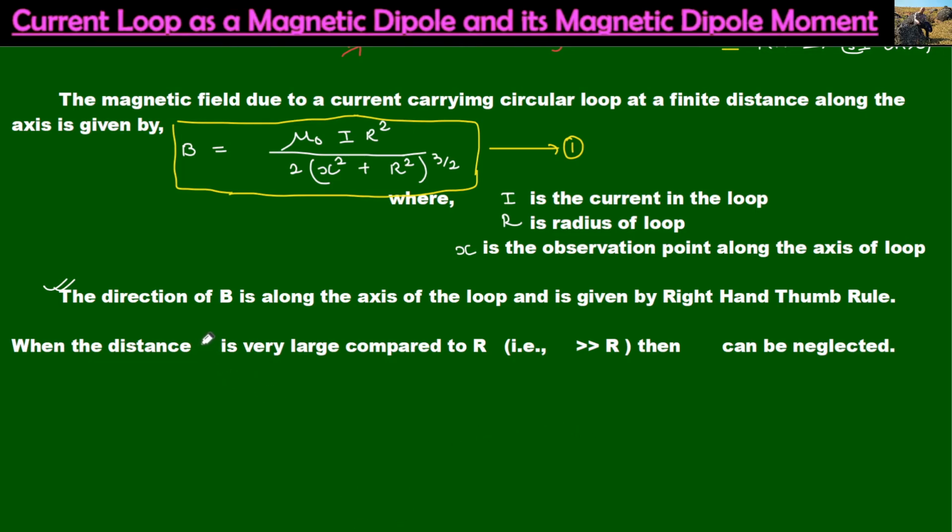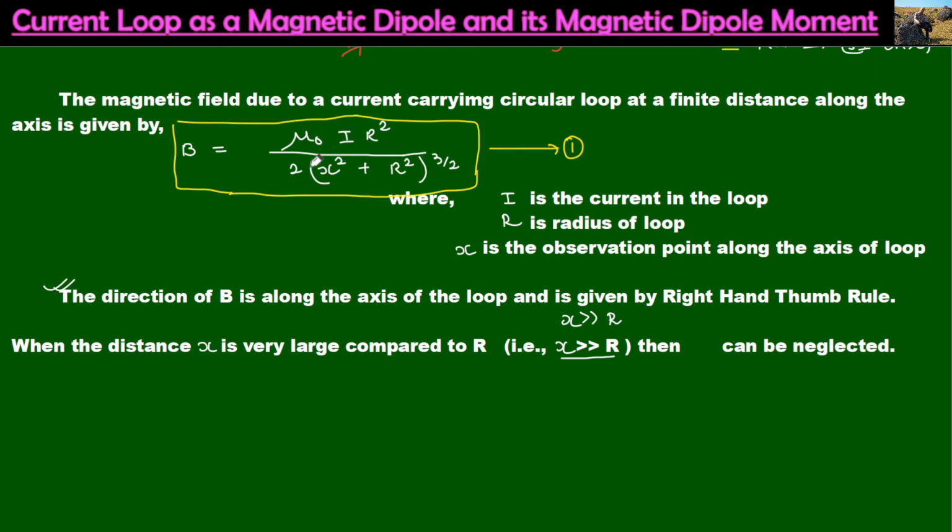The assumption is that when this distance x is very large in comparison to r, that means your observation distance is very large, we write it with the greater than sign, x much greater than r.